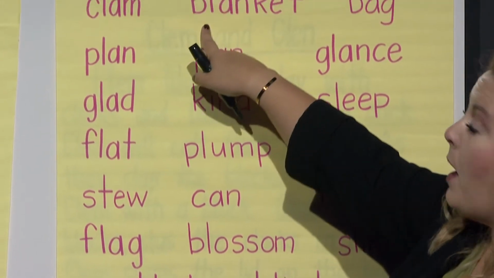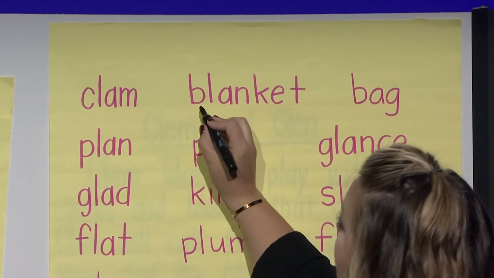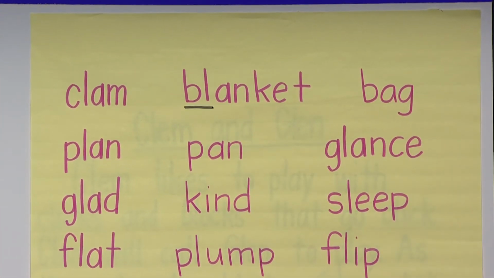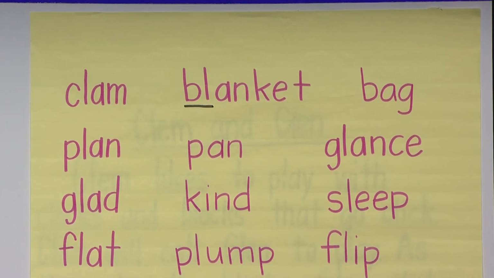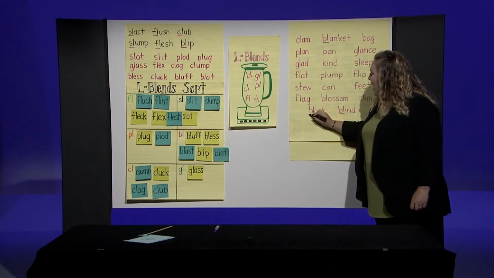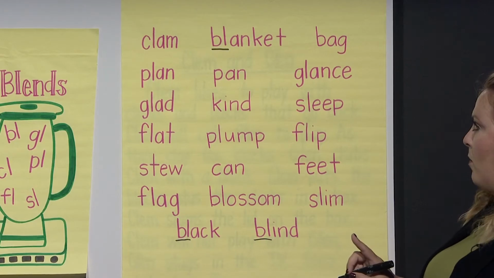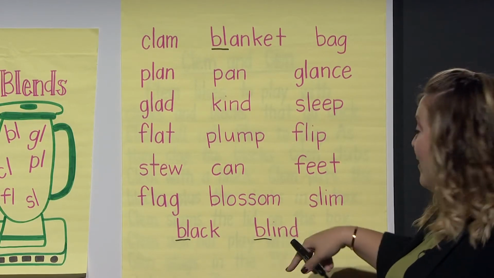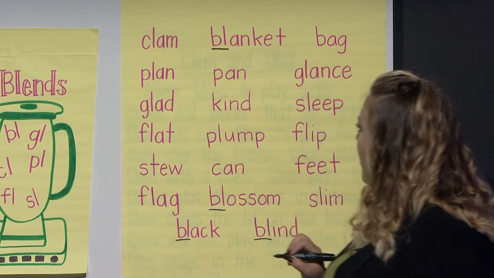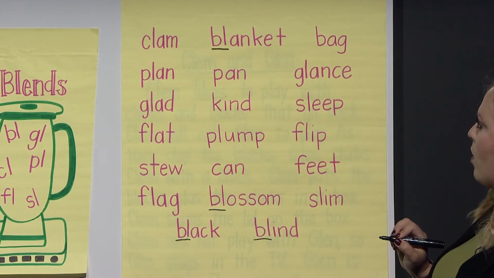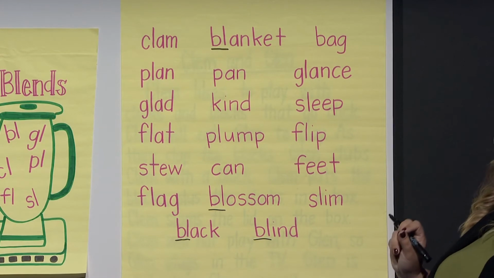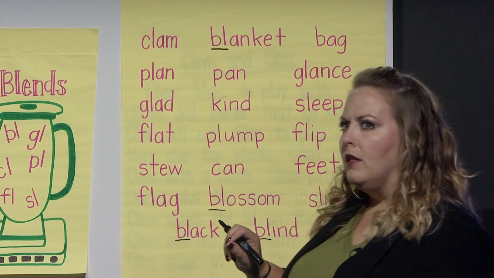I see it up here in blanket. Blanket. Ooh, I heard somebody say black. Black. Awesome. Where's another one? I see one more. Blossom. Awesome.